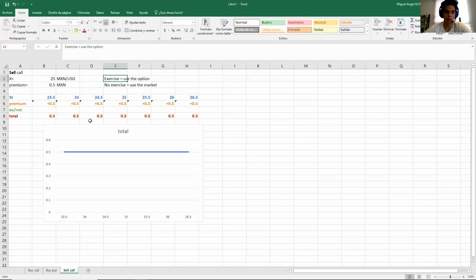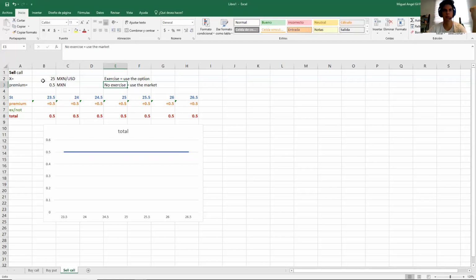So the first thing that you need to think when you answer the exercise or not line is that the person who decides to exercise or not is the other one. So if the other one decides not to exercise, we're going to write a 0. So let's do the analysis. Think like if you are the other person, the person who bought the option.